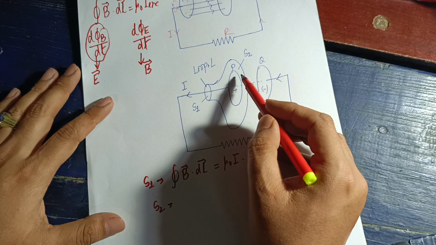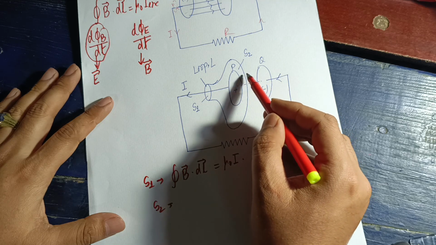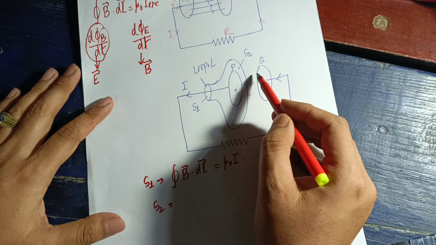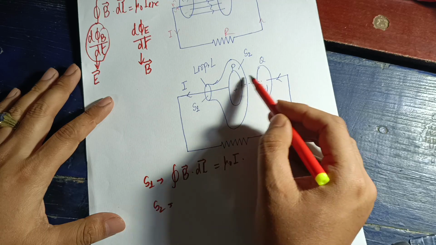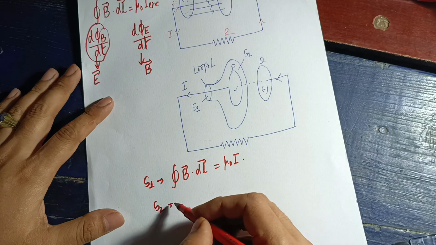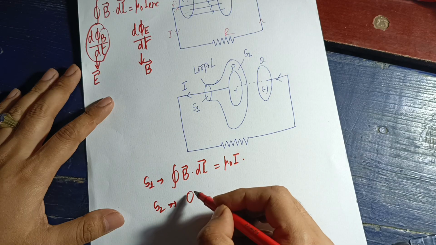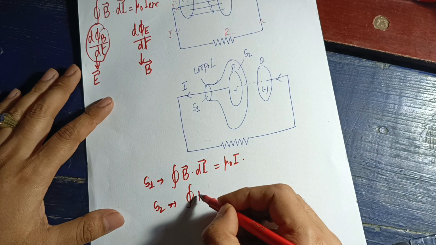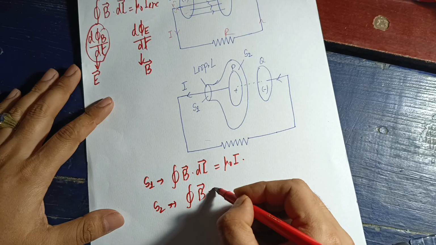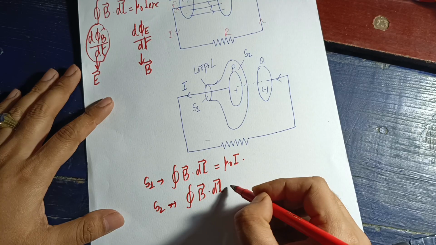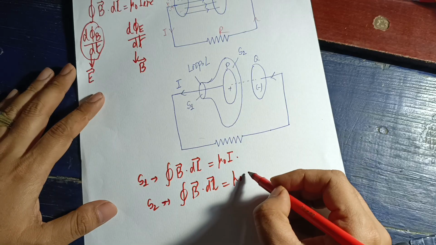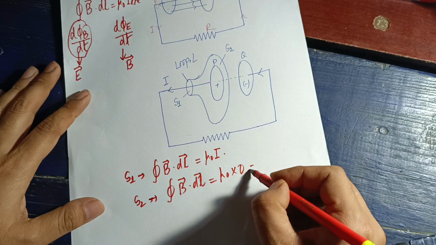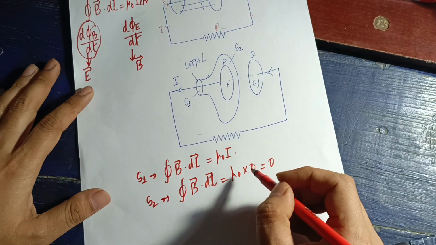Since the medium between the plates of a capacitor is dielectric, there is no flow of current across the plates of this capacitor. So let us apply Ampere circuital law. Since no current is threading through this surface S2, this will be equal to 0.